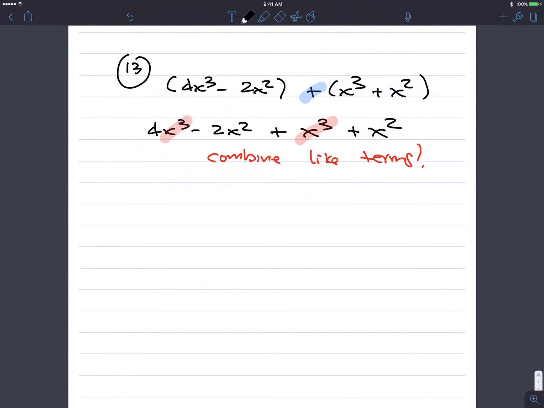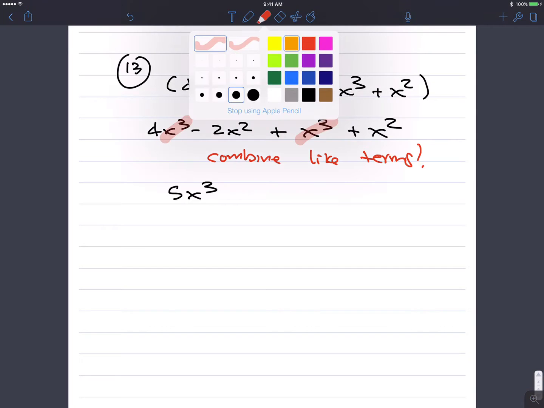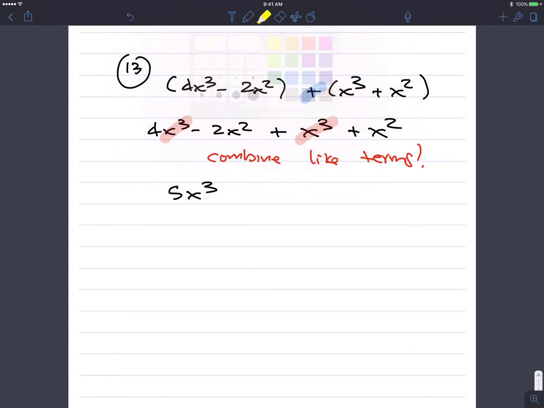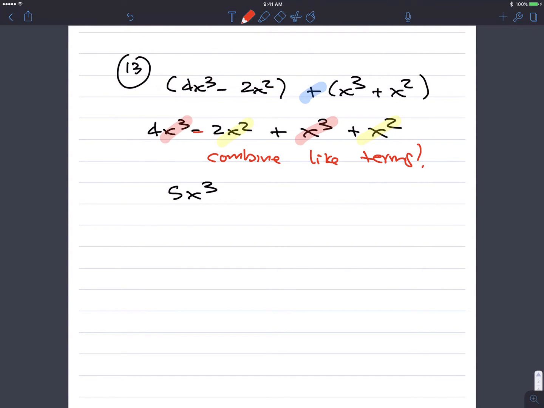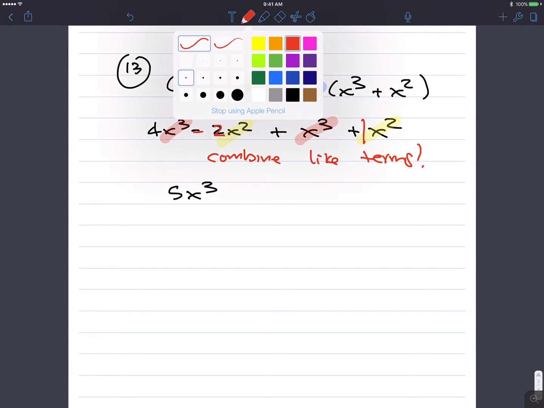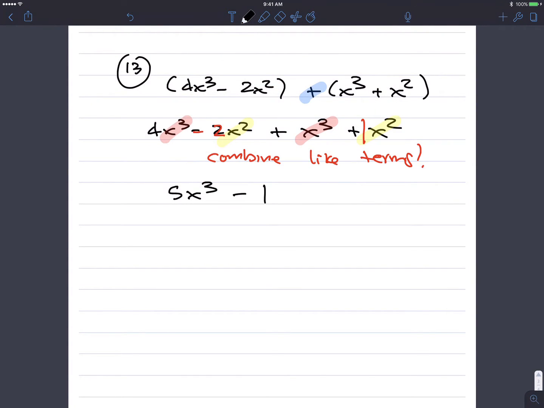That means I have 5 apples. I owe 2 bananas, and I have a banana. Don't forget this negative 2 is here. I owe 2, and I have 1. And that means I'm going to owe 1 banana.